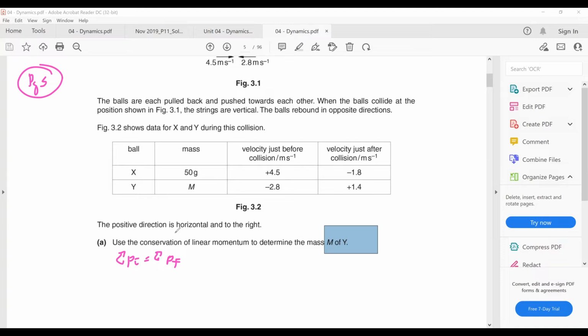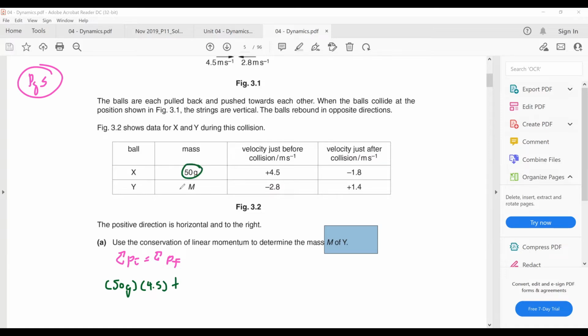You just multiply the mass with the velocity to get the momentum, and then you add up the momentum of the individual objects. For the initial momentum, you take the mass, multiply with the velocity before collision.